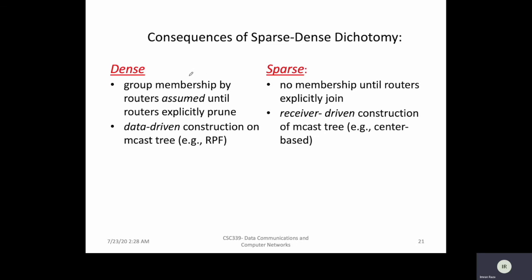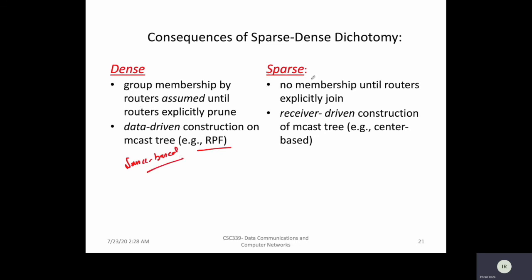But the basic difference between PIM dense and sparse mode, if we talk about its dichotomy: here the multicast trees are based on reverse path forwarding, right? This means we will be constructing a tree for each source, right? So this is a source-based tree in PIM's dense mode.